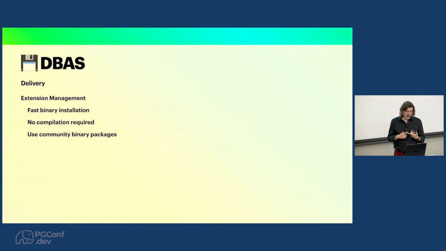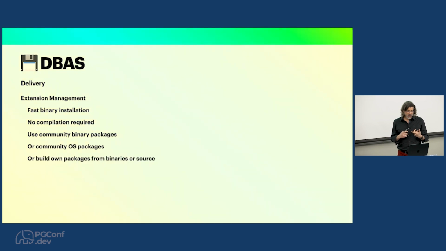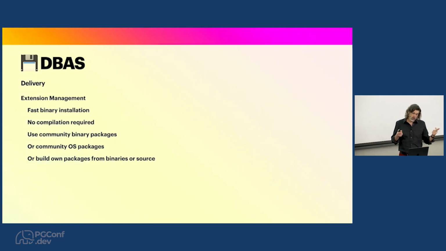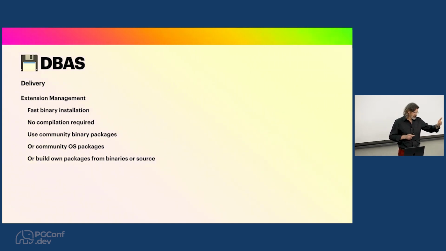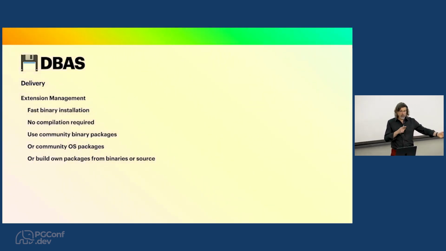Or they can use the community binary packages directly, or the community OS packages if they are automating having all the extensions they need, or not automating them. Or build their own packages to overlay on top of them for stuff that isn't necessarily in a trusted source. They can say, okay, we trust our own internal one, we're vetting this small curated list of extensions, and we provide it there.